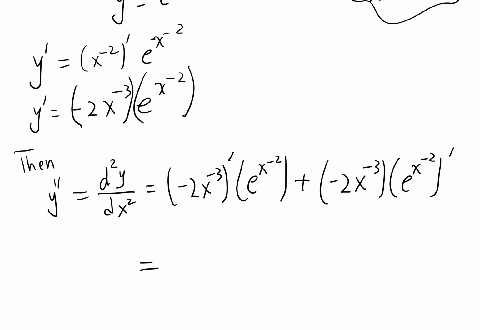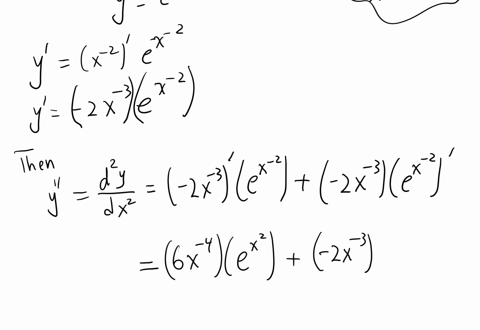So the derivative of this one, you multiply negative 3 by negative 2, it's 6, x to the negative 4, and keep this the same. Keep this the same. And now what's the derivative of this one? It's negative 2x to the negative 3 times itself.